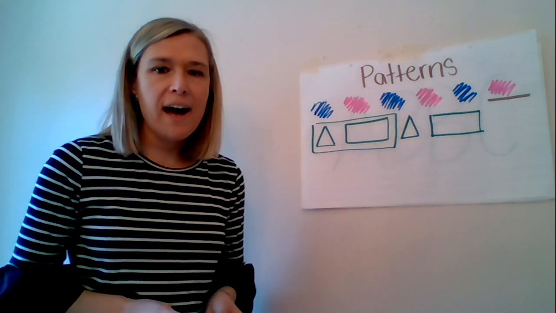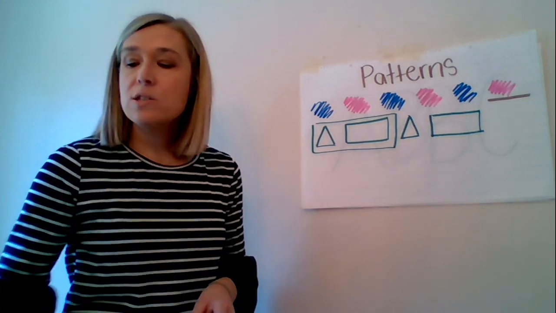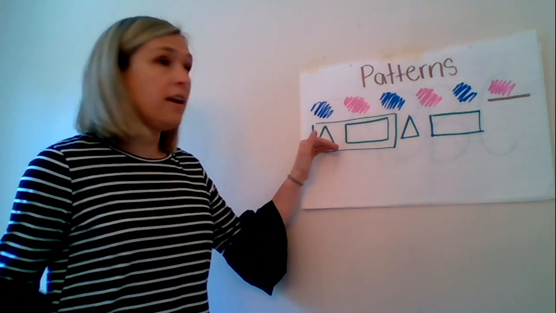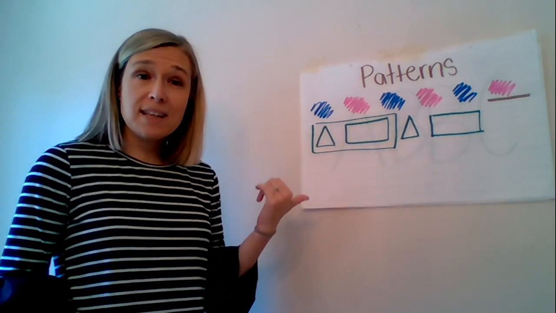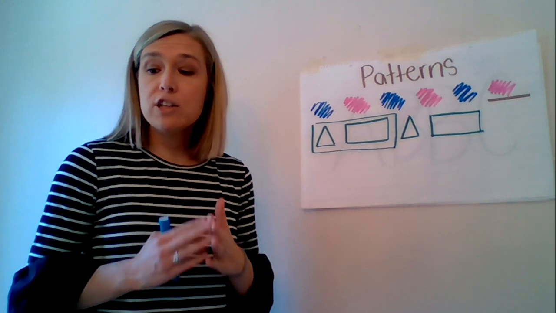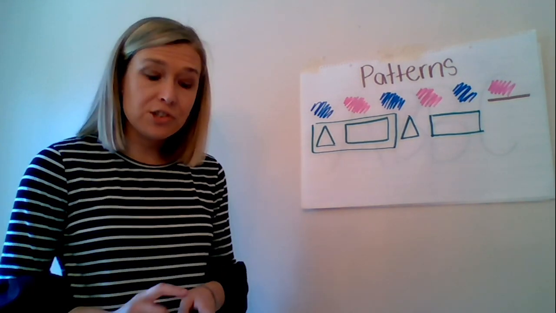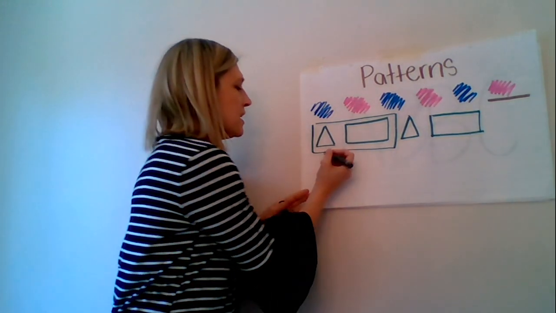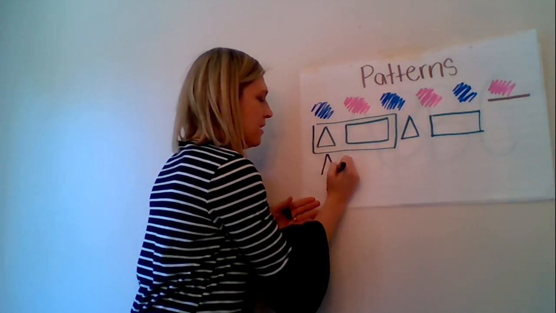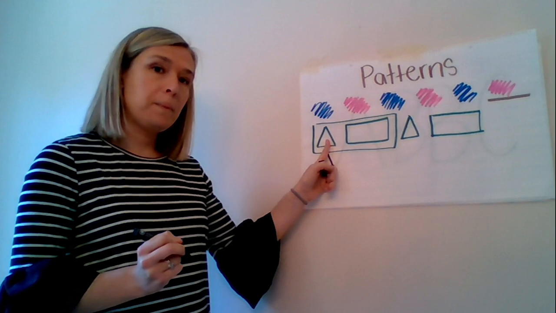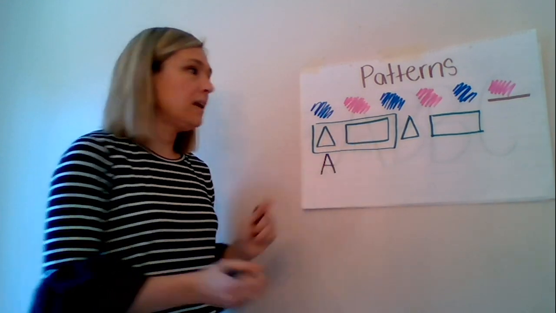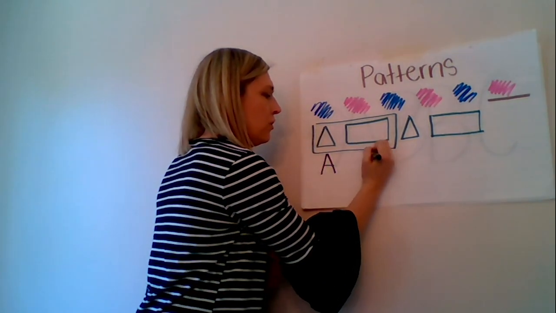Now, let's give my pattern a name. So when we name a pattern, we could name it triangle, rectangle, just like we did here. Or we could shorten it and make it a little bit smaller by using letters. So I'm going to use the letter A for my triangle and the letter B for my rectangle.